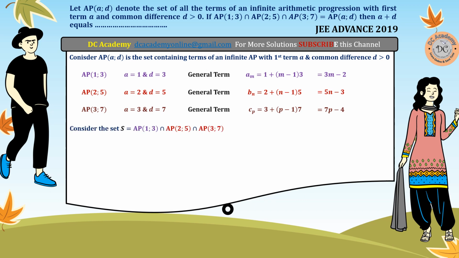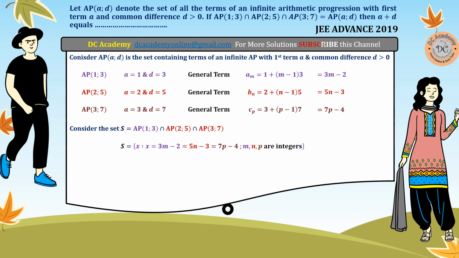Now we consider a set S which represents the intersection of these three AP series. What are the elements of S? S will be a set containing all the elements of the form x, such that x is equal to 3m minus 2, and it can also be expressed in the form 5n minus 3, and in the form 7p minus 4.